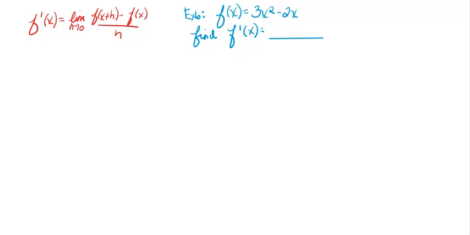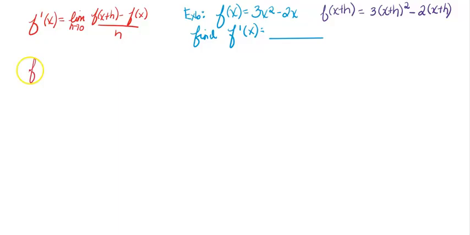So the first thing I want to do is find out what my f of x plus h is. Remember, I'm just plugging x plus h in for every x in my equation. So I'm going to get 3 times x plus h squared minus 2 times x plus h, because I've substituted x plus h for every x I see. Now that I have my f of x and my f of x plus h, I can find the derivative.